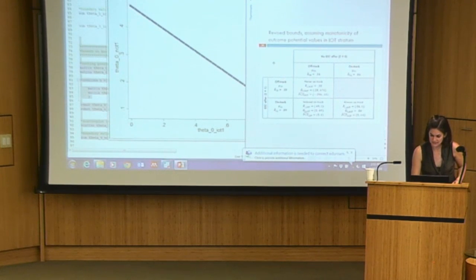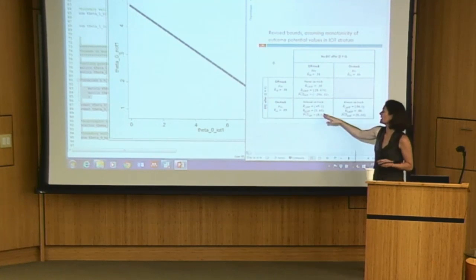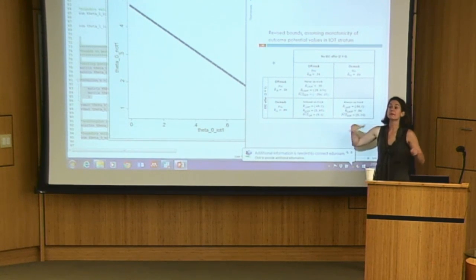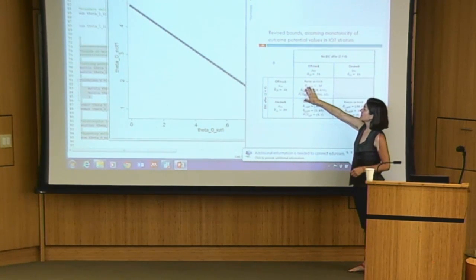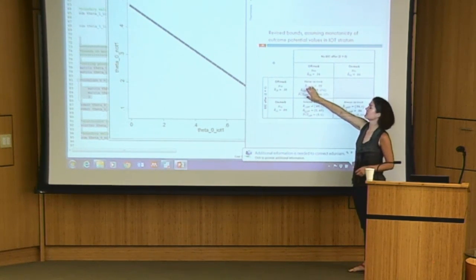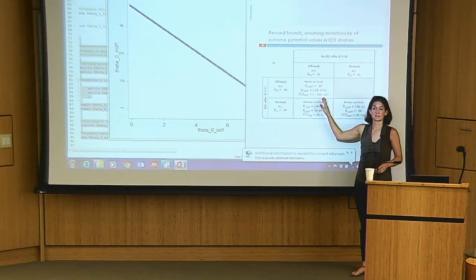Okay, so one thing that we might do is begin to make assumptions, either about the stratum-specific theta 1 and theta 0 values, or we might start to make assumptions about the principal causal effects, right?